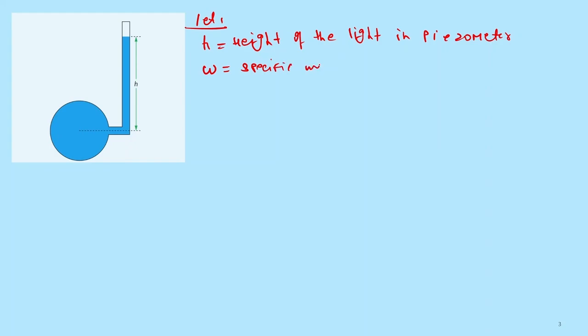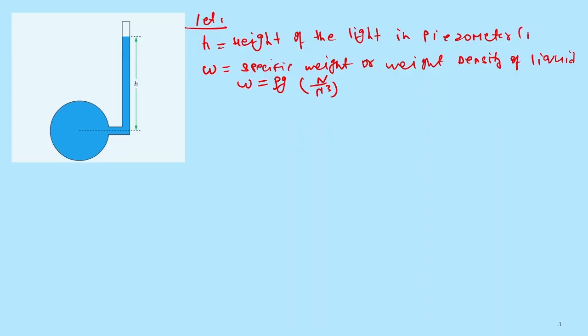W is the specific weight or weight density of the liquid, or you can say W equal to rho g, and we can write the unit Newton per meter cube, and here the unit of h will be meter.